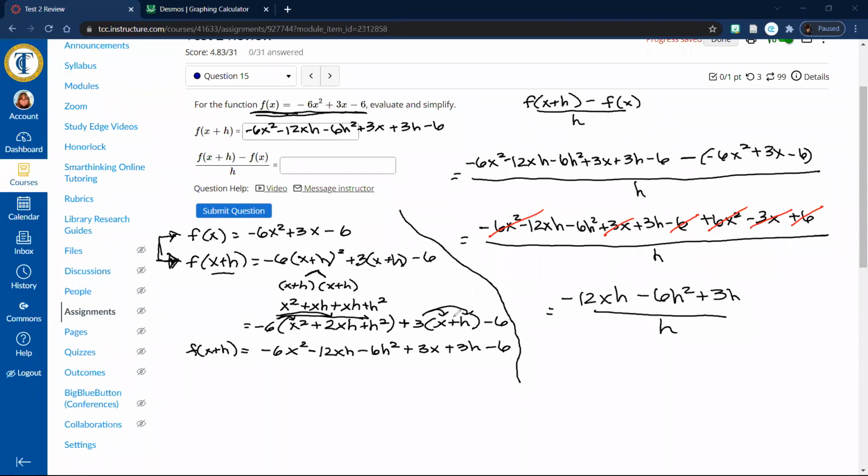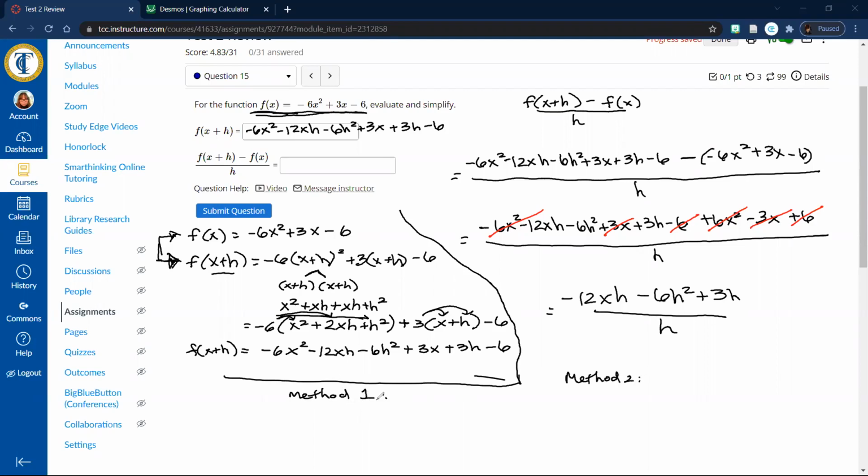The h. So one of two things you can do. I'm going to do method 1, method 2.